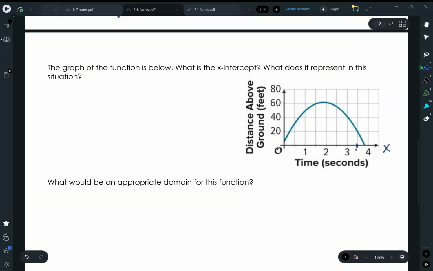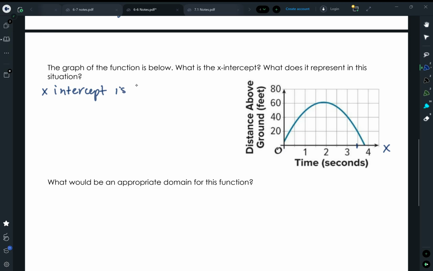And then somewhere between 3.5 and 4, I've got another mark. I'm going to say it's closer to 3.8 than 3.7, right? I think 3.75 would be halfway in between them, and it's a little bit beyond that. So I'm going to say that the x-intercept is 3.8 or 3.8 comma 0.